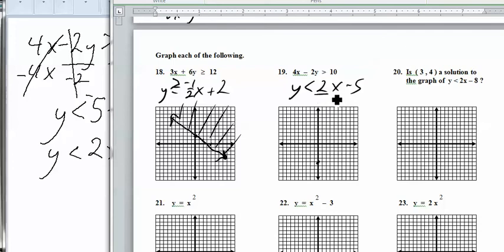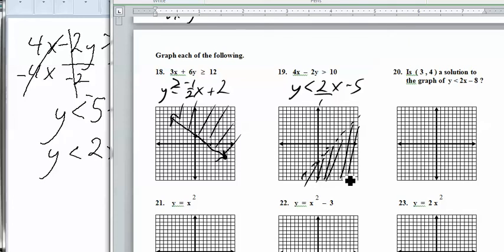Go up 2 over 1. Up 2 over 1. There's not a line underneath this, so we use a dotted line. And y is less than this line. So I put my pencil on the line and I shade downwards.